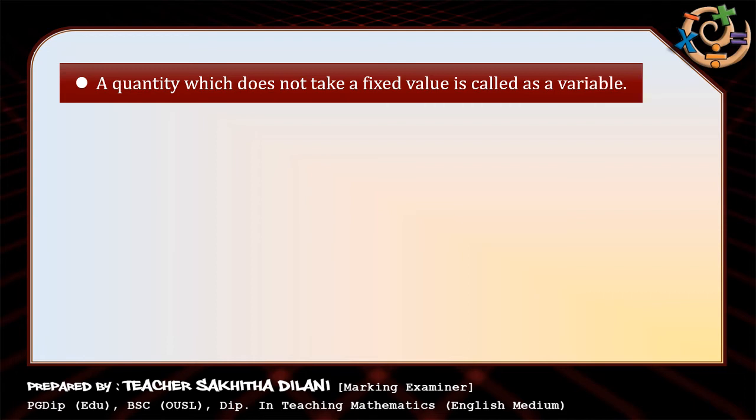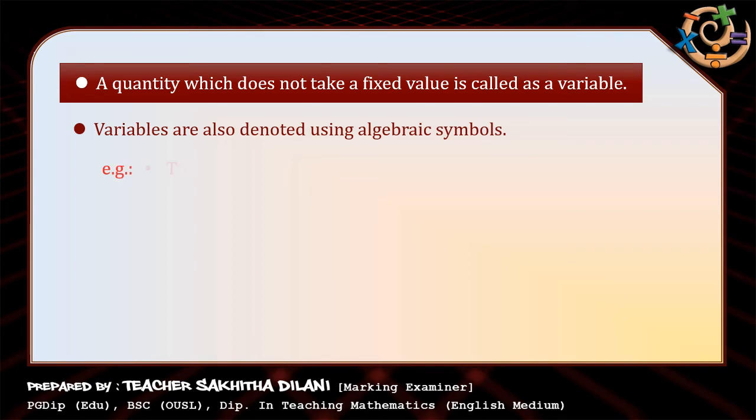Now let's see how to represent variables. Variables are also denoted using algebraic symbols. As an example, the price of a coconut is a variable, so you can represent the price of a coconut using an algebraic symbol. Here I have taken the price of a coconut as X rupees.